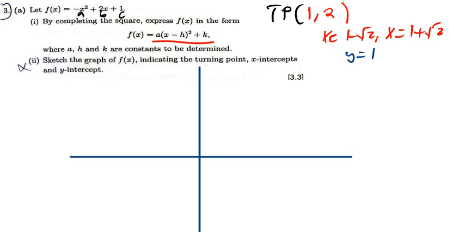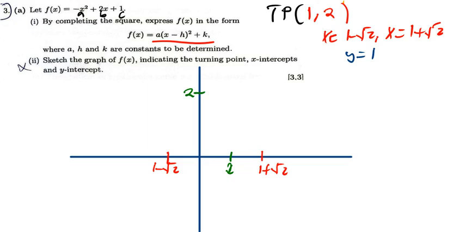We should understand that the positive one is 1 plus root of 2, and 1 minus root of 2 is going to be negative, just near here, so you put 1 minus root of 2. 1 plus root of 2 is greater than 1, so I'm going to put it here. The turning point, we have got 1 and 2.